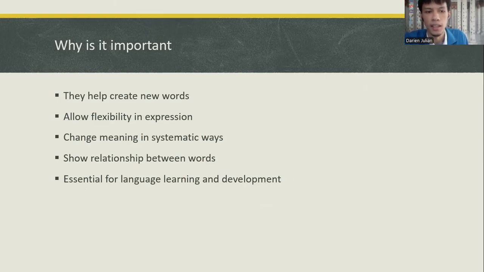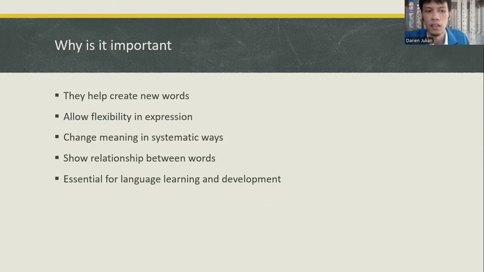Second is they allow flexibility in expression. Derivational morphemes let us use the same root word in different grammatical roles, helping us build more precise and varied sentences.